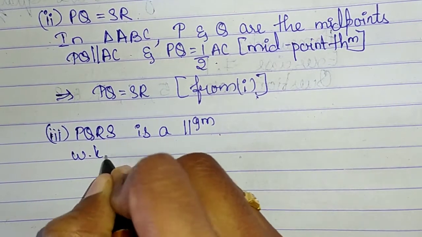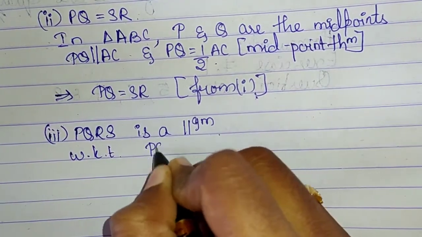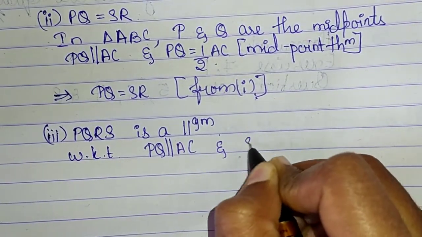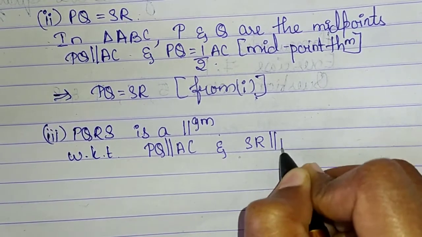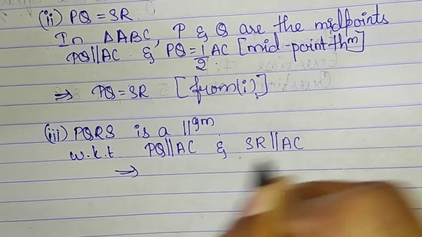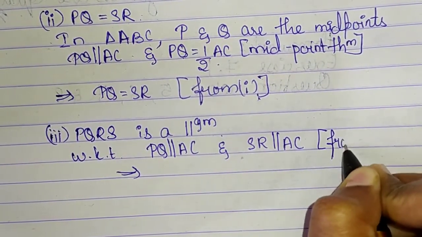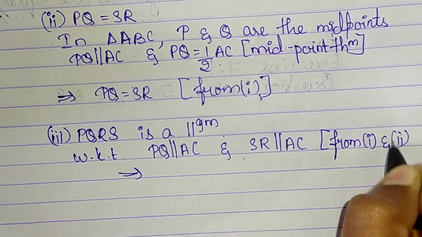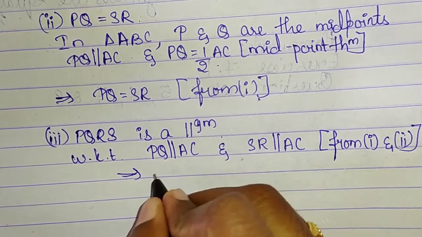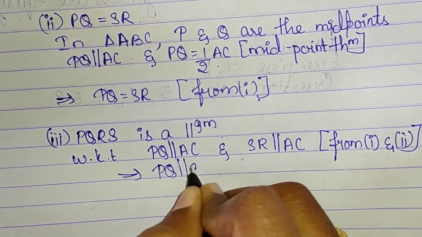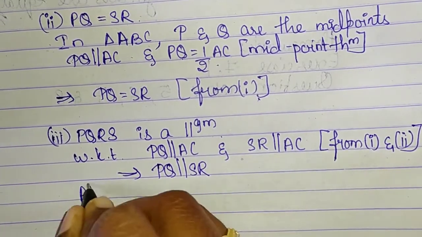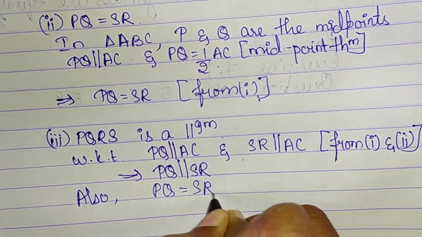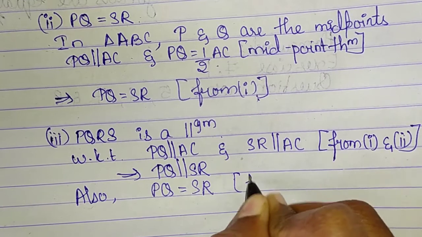So we know that PQ is parallel to AC and SR is parallel to AC. So this implies, from results 1 and 2, PQ is parallel to SR. Also, PQ is equal to SR from result 2.